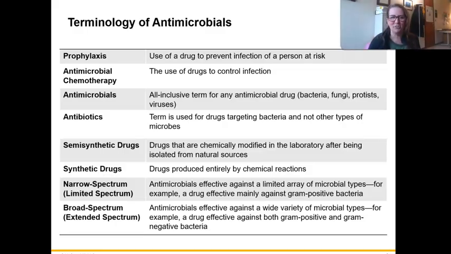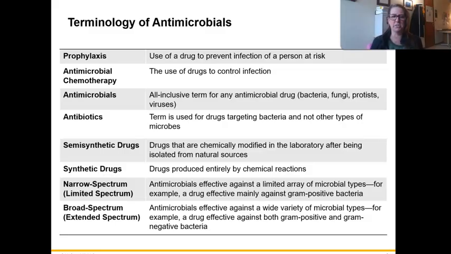Antimicrobials. You might recognize that in the previous slide and on this slide, it uses this catch-all term, antimicrobials. What this refers to is essentially drugs that are active against bacteria, fungi, protists, and viruses. So this is any of those microorganisms we're thinking about in microbiology. If we're thinking about exclusively bacteria, then we're thinking about antibiotics.